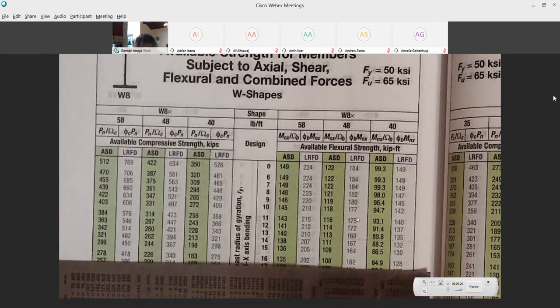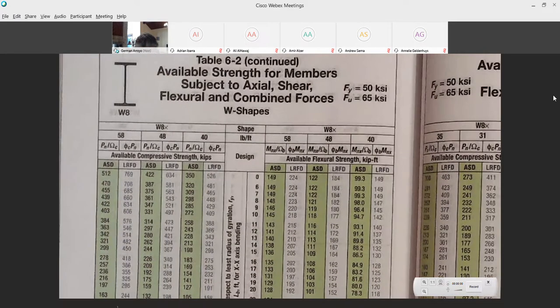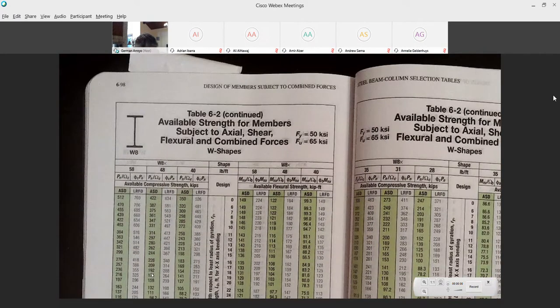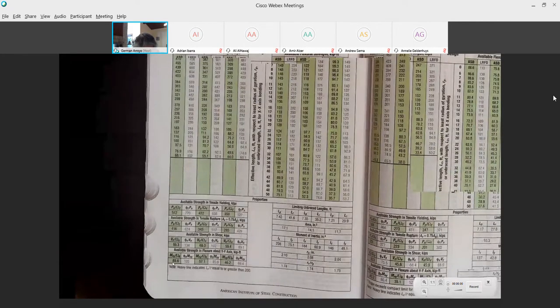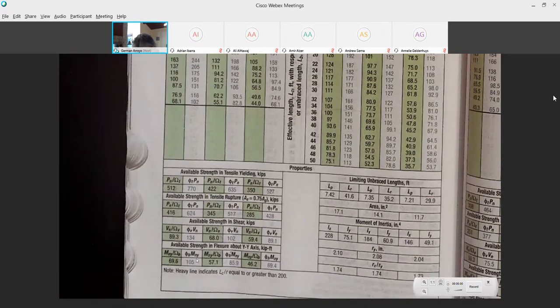So the W8 by 58 had phi M to N 202. It had a phi M to N 418. And here at the bottom of the page, it had a phi M to N y of 105.